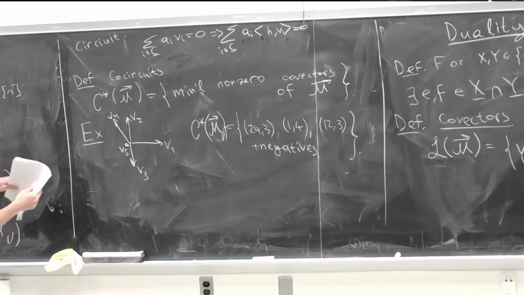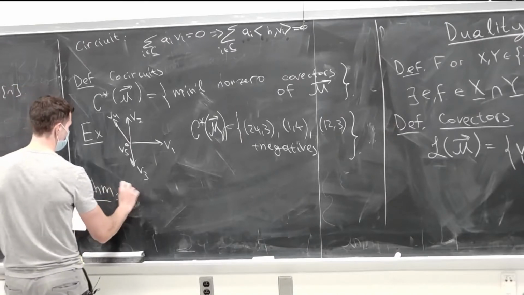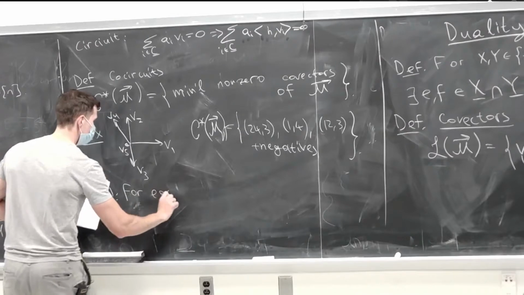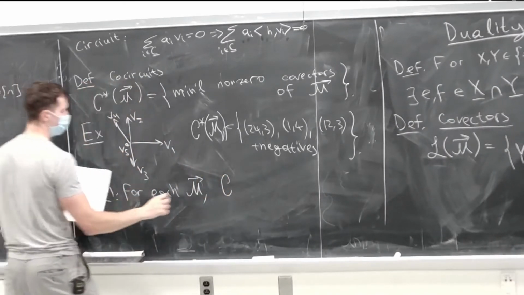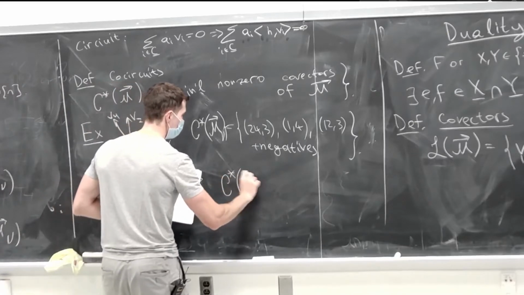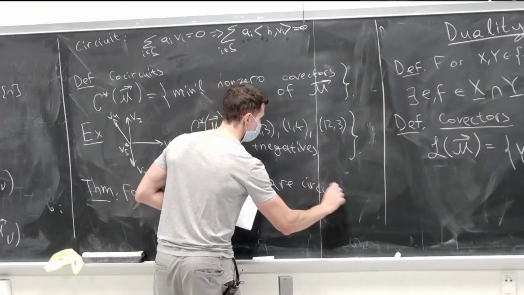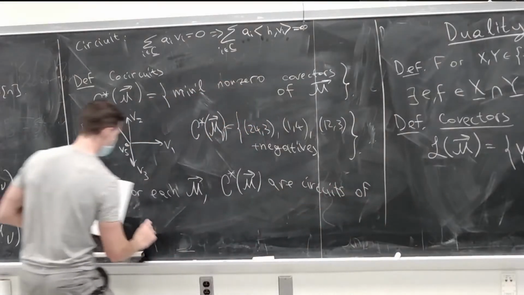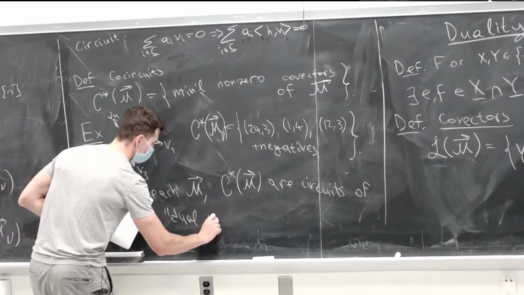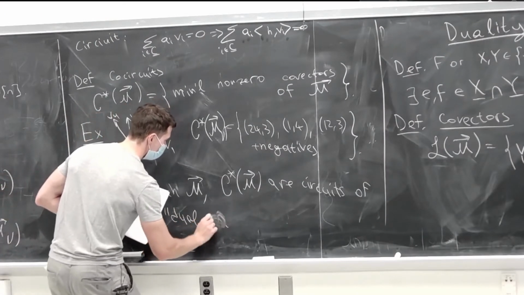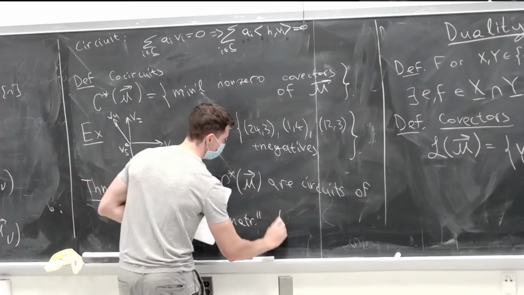Of course, the theorem here is that for each oriented matroid M, these cocircuits are circuits of the dual oriented matroid, which is denoted M star.